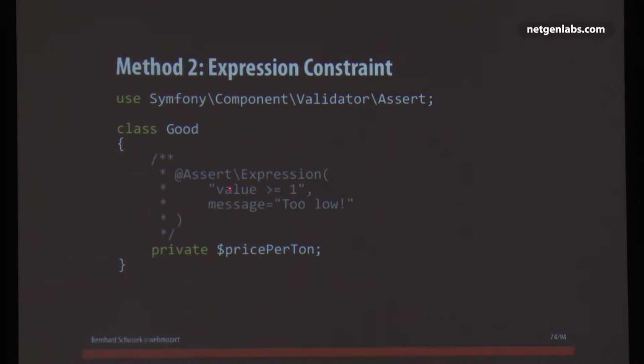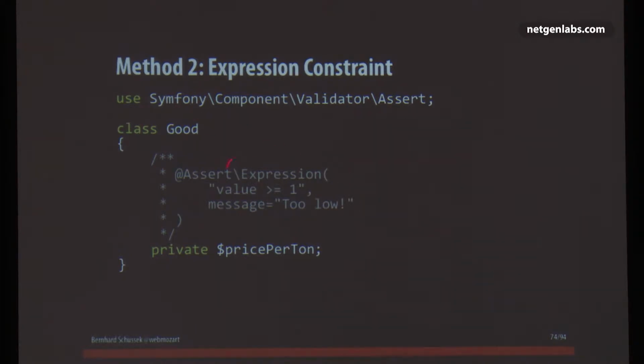So in that case, in the expression constraint, you always have the variable value available. The value contains the value of whatever you are annotating here. So value would be the value of the price per ton field, and here you check that the value is greater than or equal to 1, and if it is not, the message too low is displayed.